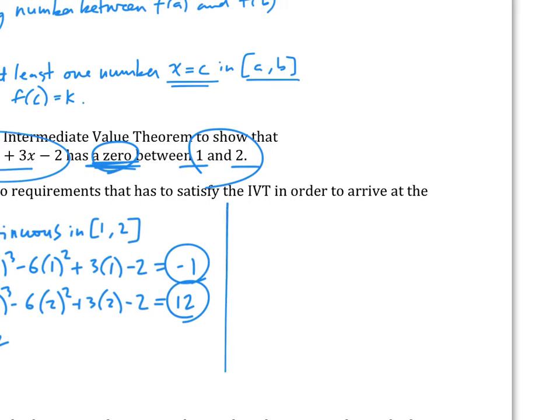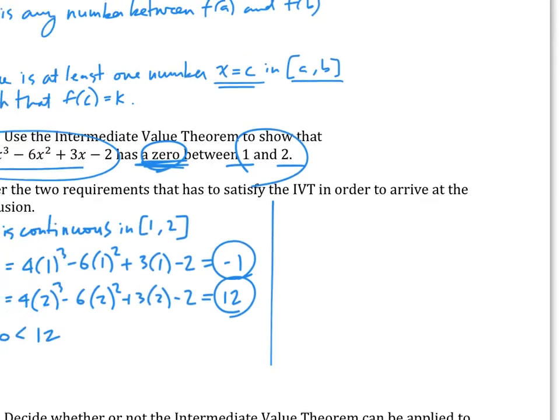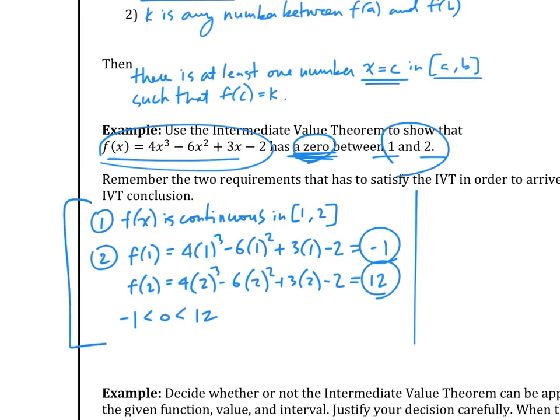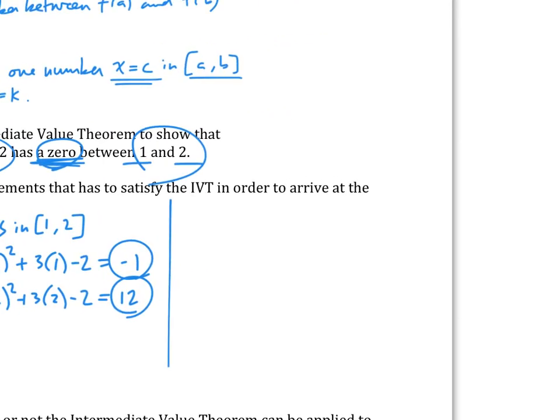So let's write the conclusion. This is what you need to prove. All the work that you are doing here is great, but you also have to write this statement.